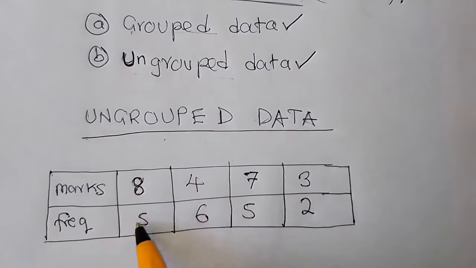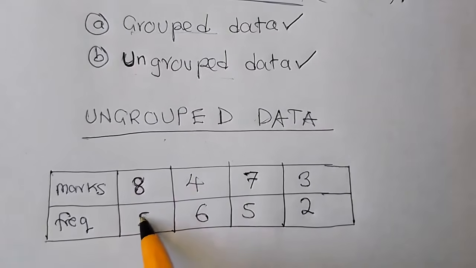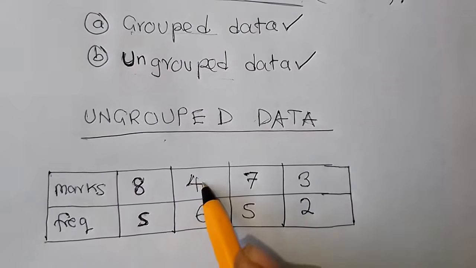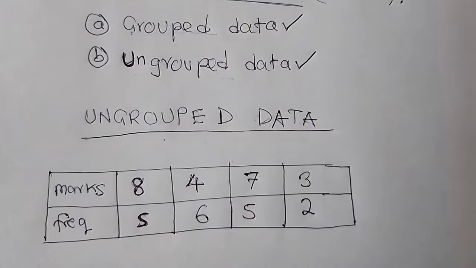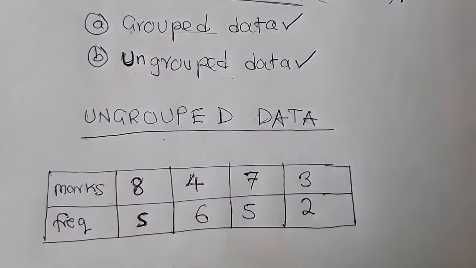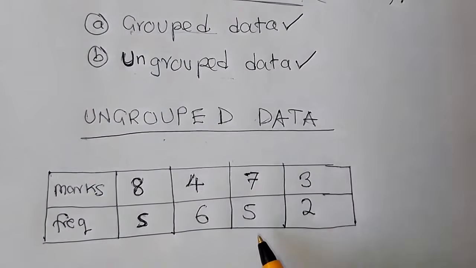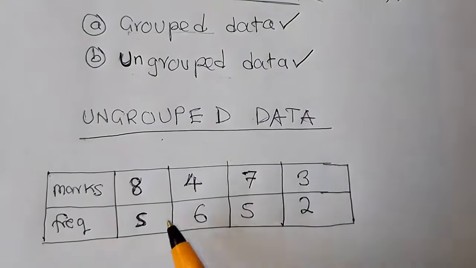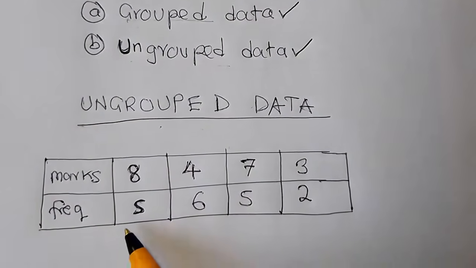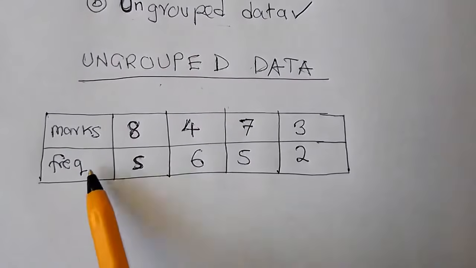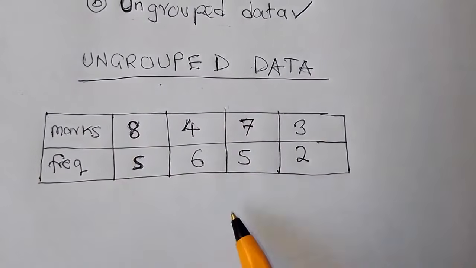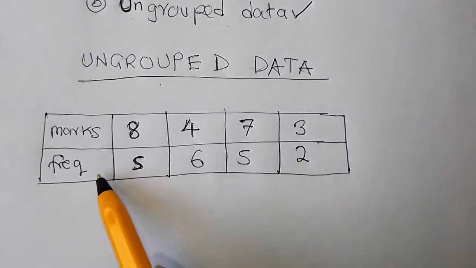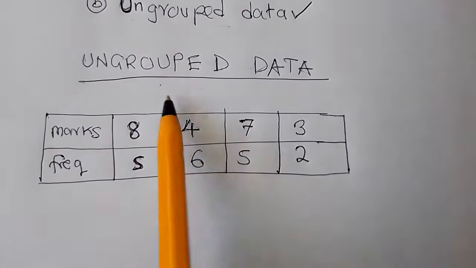This is ungrouped data. This data is not grouped because the range is not specified. Any data that will be presented before you in this manner, just know that this is ungrouped data.